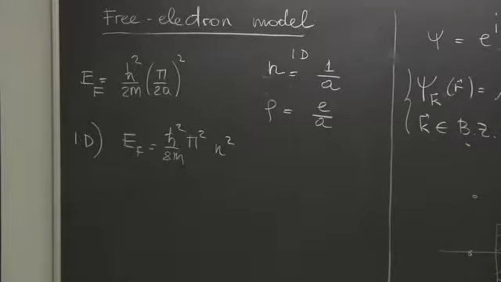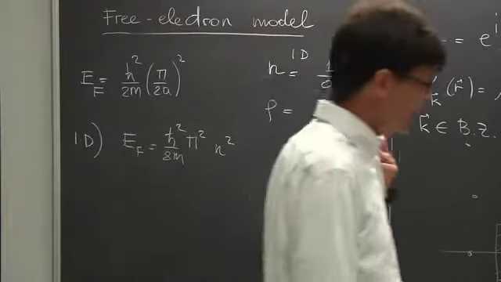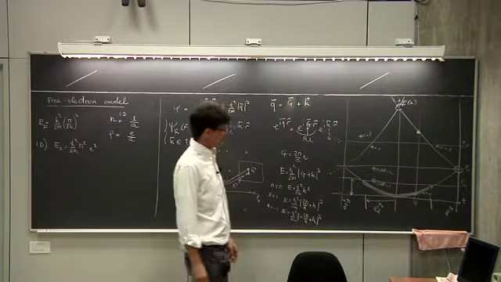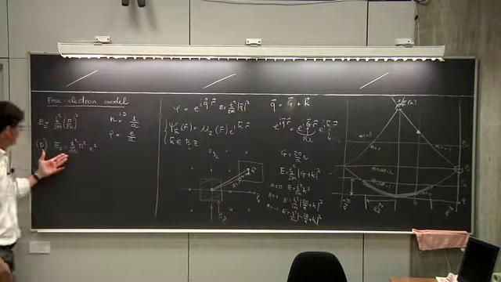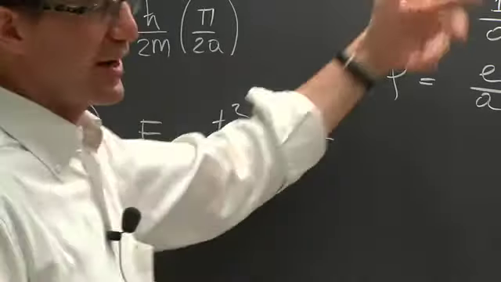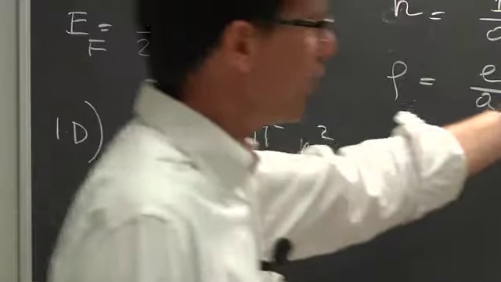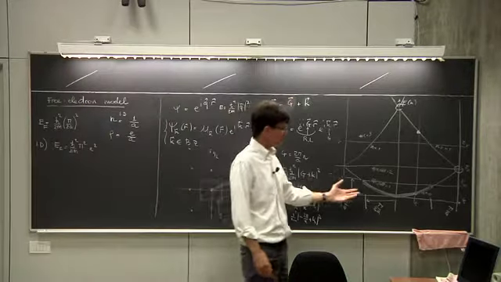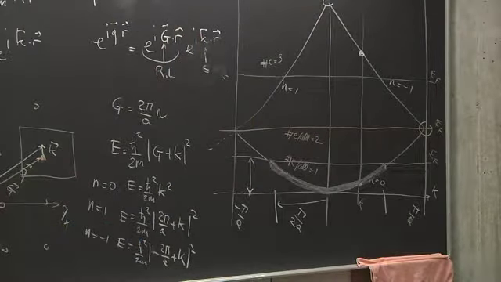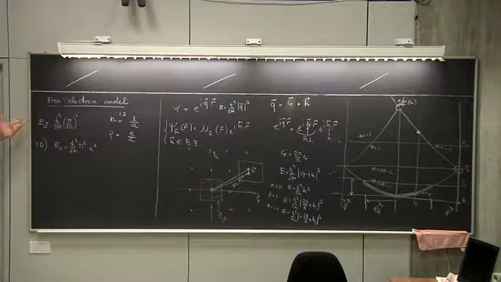In fact, the result is even more general because, after all, this property cannot really depend on the fact that there is an underlying lattice. In all this discussion, we are using the fact that there is an underlying lattice to make our construct in terms of Bloch's theorem, and so on and so forth. But after all, this is just a free electron model.